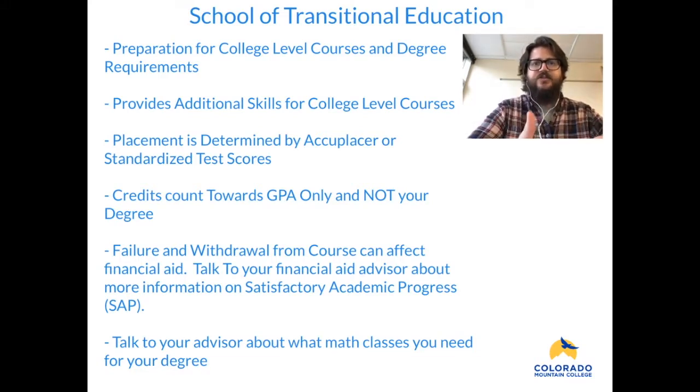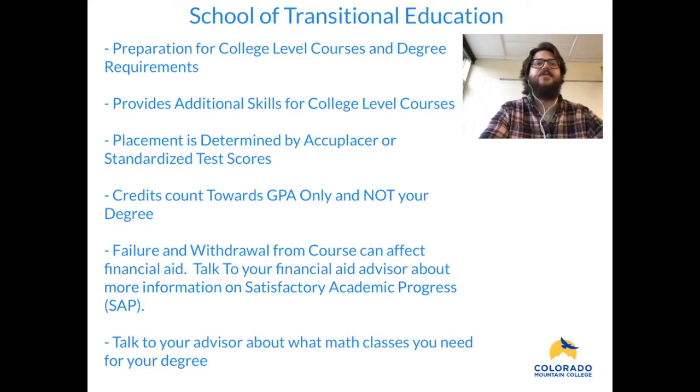One thing that you have to understand is that even though you are in college, these courses are preparing you for college level. These courses provide you the additional skills that you're going to need for college level courses.